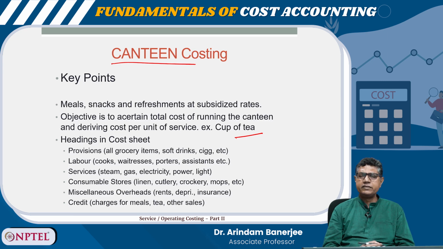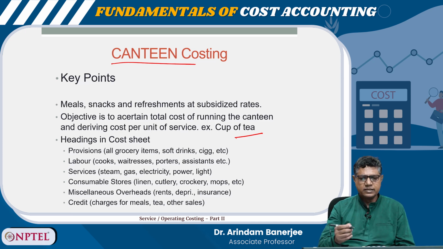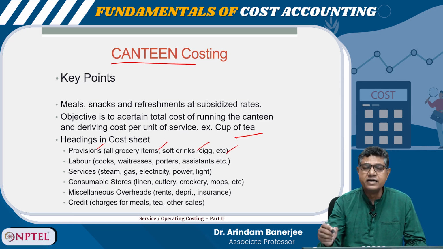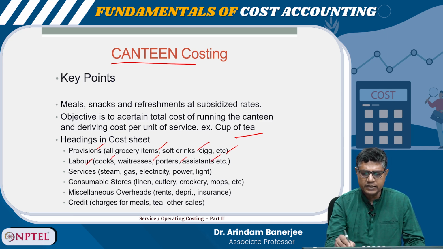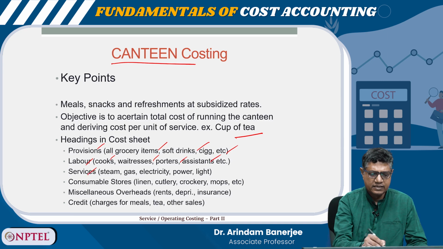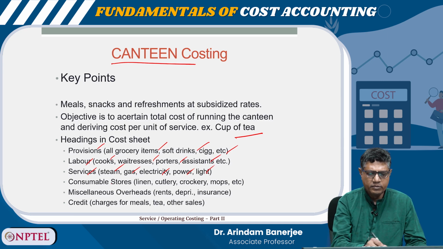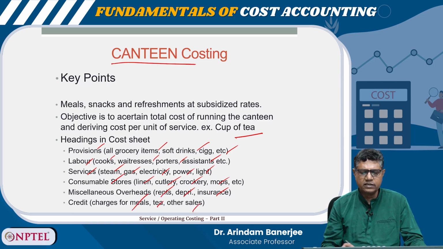So there can be some specific cost headings particularly relevant to this industry. Some examples are given here: provisions, all grocery items, soft drinks, cigarettes, etc. Labor: cooks, waitresses, porters, assistants, etc. Services: steam, gas, electricity, power, light, etc. Consumable stores: linen, cutlery, crockery, mops, etc. Miscellaneous overheads: rents, depreciation, insurance, etc. And credit charges for meals, tea and other sales.